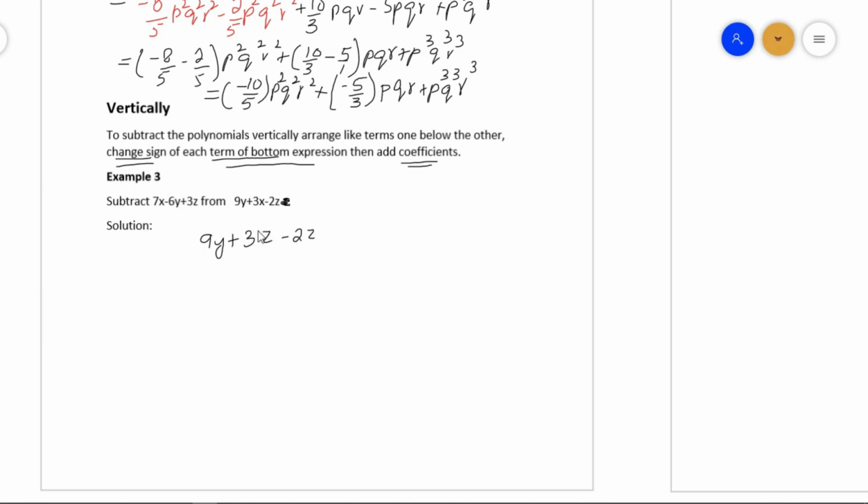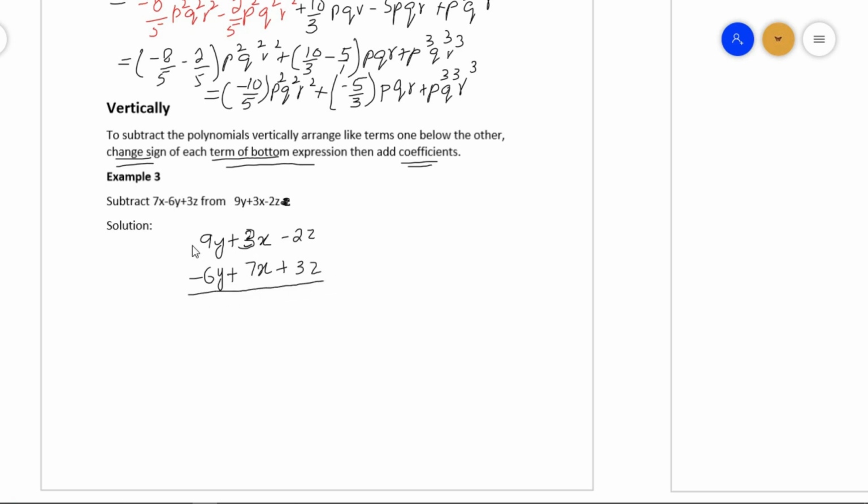Sorry, here it is 3x, okay? We have to subtract 7x. The first term we will write right below 3x, that is 7x, minus 6y below 9y, plus 3z below 2z.